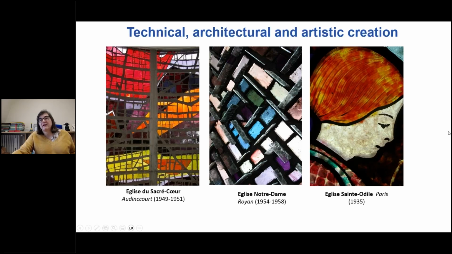So here it's dalle de verre, and here we are in Royan. It's 3D shaped windows. As you can see, there is glass perpendicular to the joints also. And here it's a very beautiful one. It's a crystal paste, and all that you see in dark is not lead at all, it's cement paste.